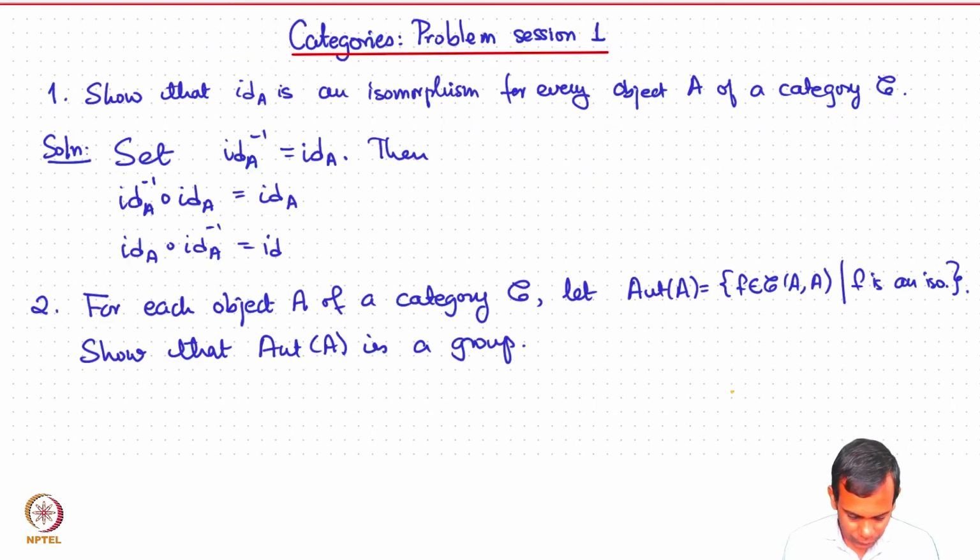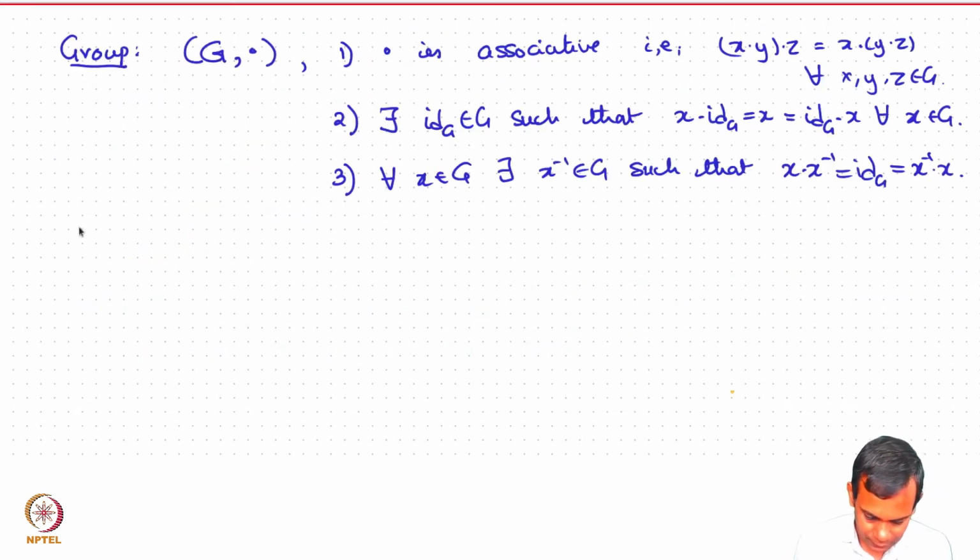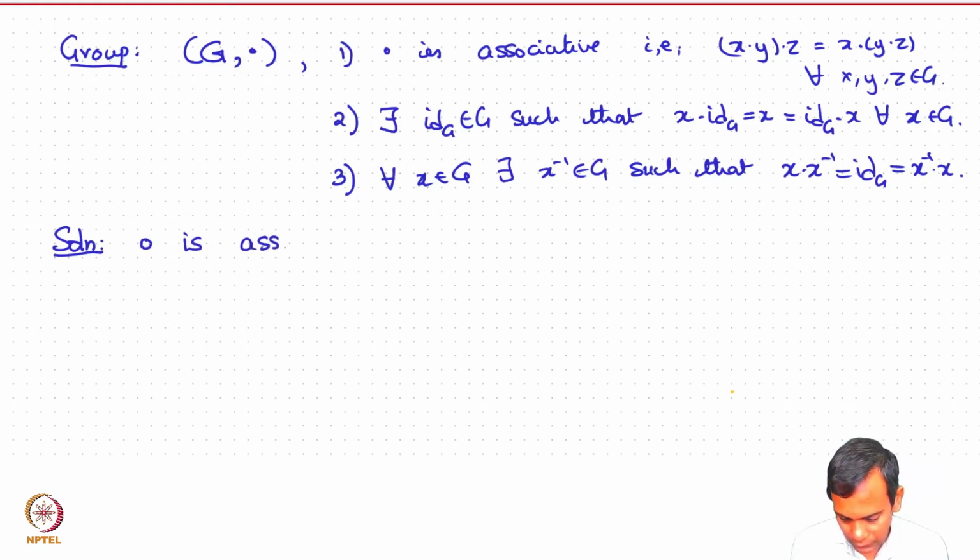And so what we have to show is that this set of arrows is a group, let's say with the binary operation under composition. And so we just need to check these axioms. So now the solution. Of course, composition is associative by the associativity axiom for categories.